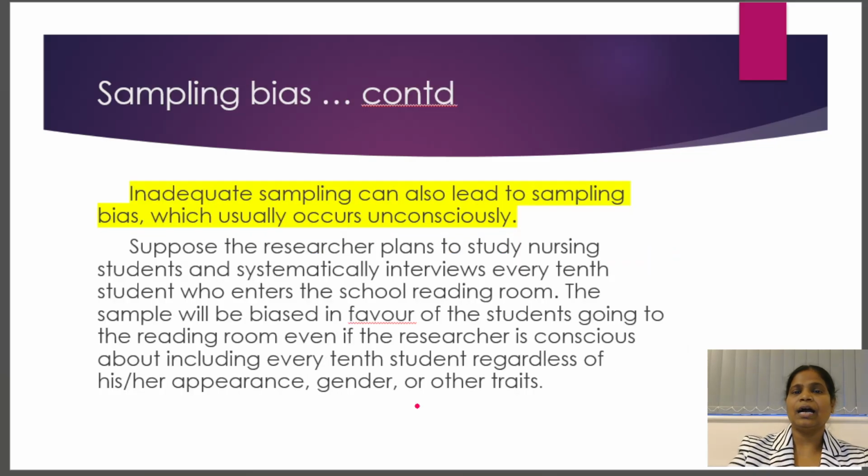We will have a look at it in detail. Inadequate sampling will also lead to sampling bias, which usually occurs unconsciously if the researcher is not aware of how to select a sample, how much to select, and is not cautious about these biases or sampling errors.